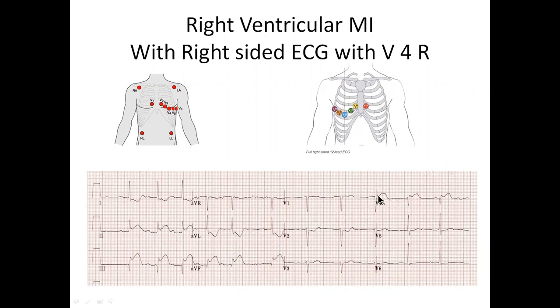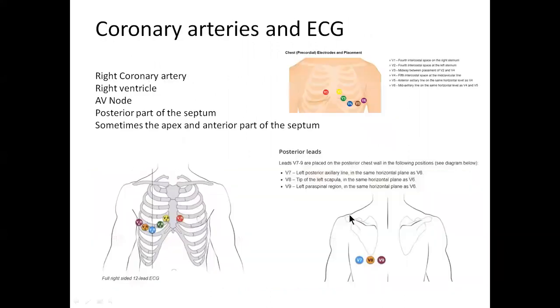And you can see that there is ST elevation. So if you see V4R and there is ST elevation, then we know that the right ventricle is affected. And you will know later that this has a lot of management decisions that we have to make because of this.